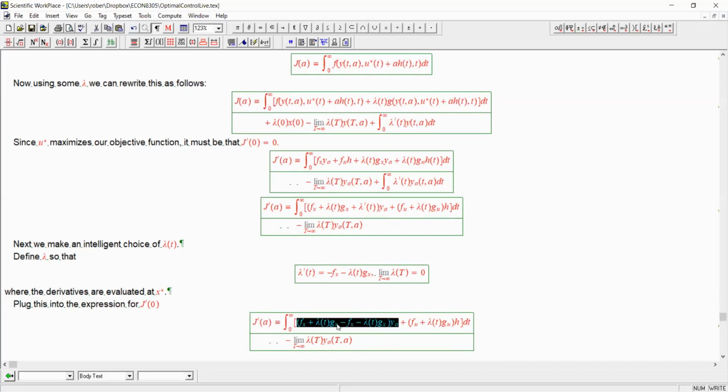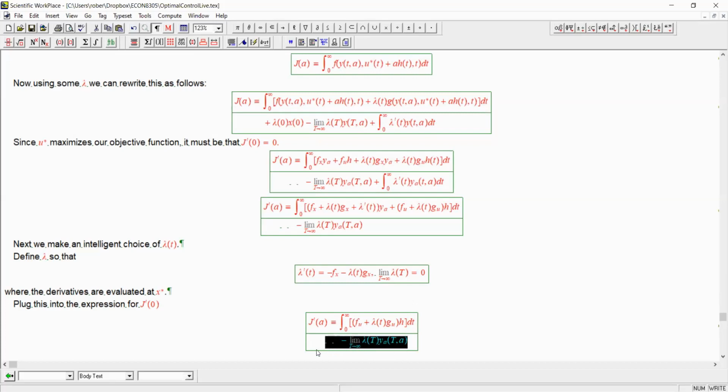All of this becomes 0 with that particular choice of lambda. What else happens? The limit of this is 0, and so this term disappears as well. We're left with a much simpler expression. And finally, we set this equal to 0. We have the following condition when a equals 0.